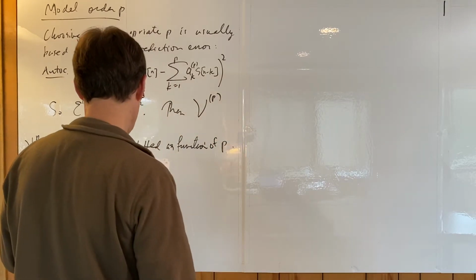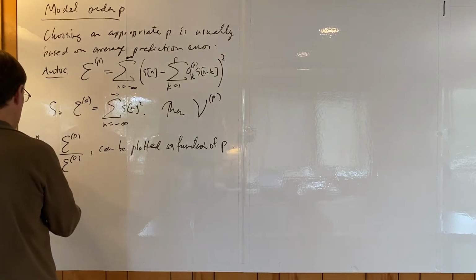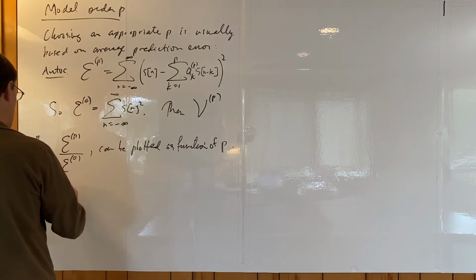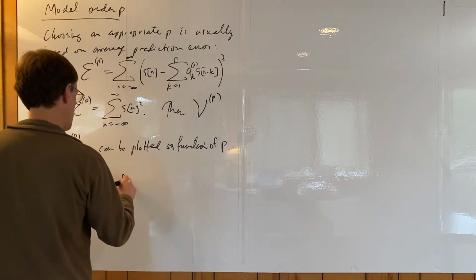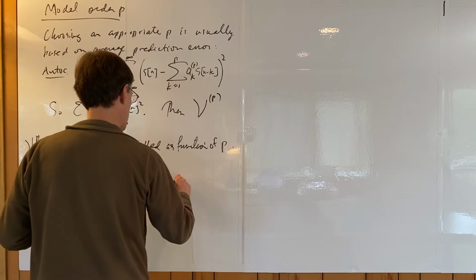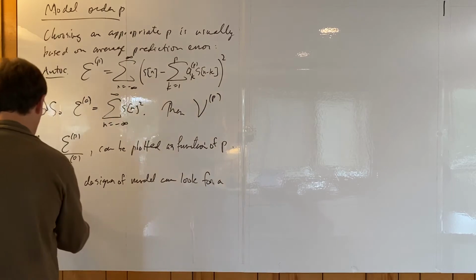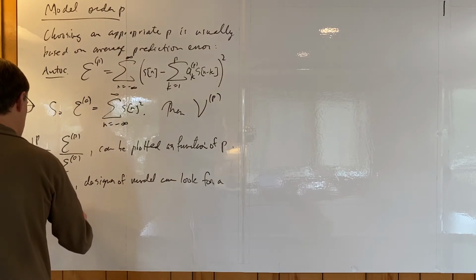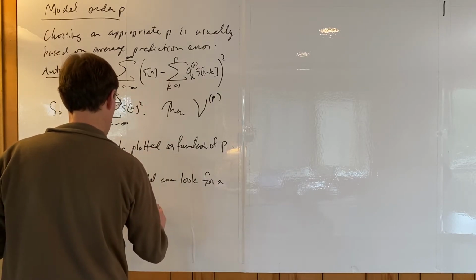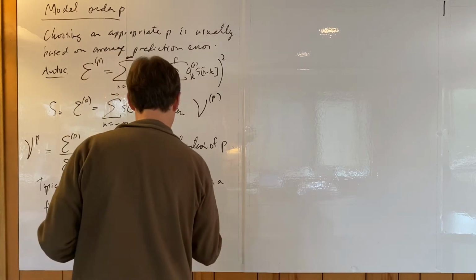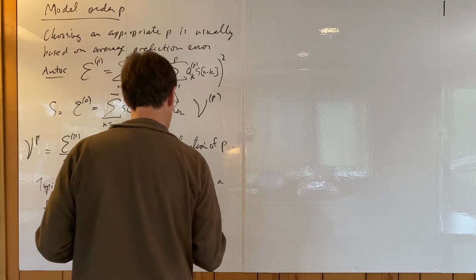And what happens then is that typically the designer of the system or of this model can look for a flattening of this V sub p for some, let's just call it p0.